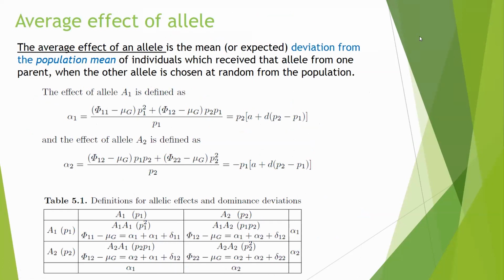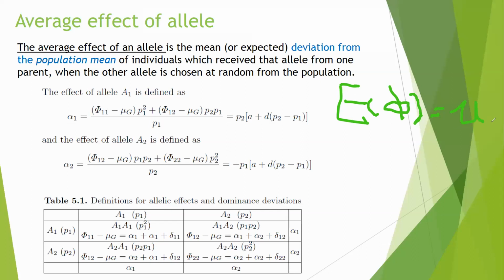And now, the average effect of an allele is the mean or expected deviation from the population mean. Population mean is the expected value of this, right? We use mu g to represent that.